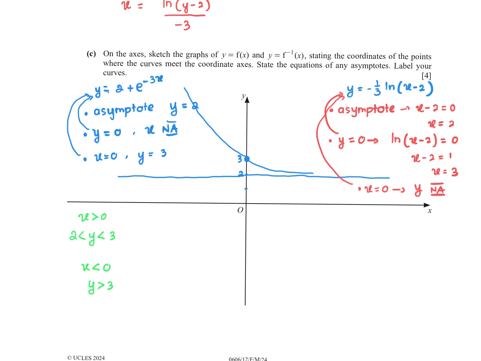Time to sketch now. Start with the asymptote line when x is equal to 2. Then I draw the vertical line as the asymptote line. And then x is equal to 3 as the x-intercept.